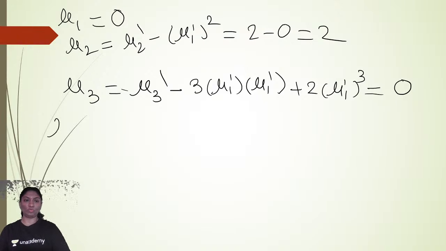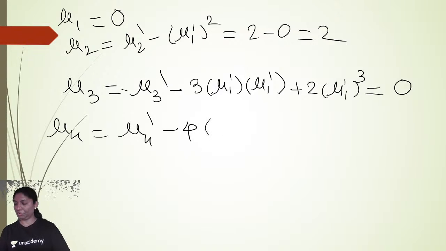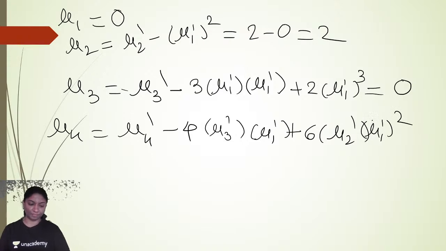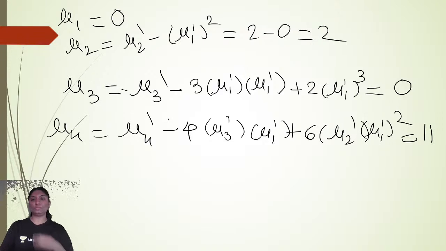Now mu4 is equal to mu4 dash minus 4 into mu3 dash into mu1 dash plus 6 into mu2 dash into mu1 dash square minus 3 mu1 dash raised to 4. After putting all the values, you will get the value of mu4 is 11.